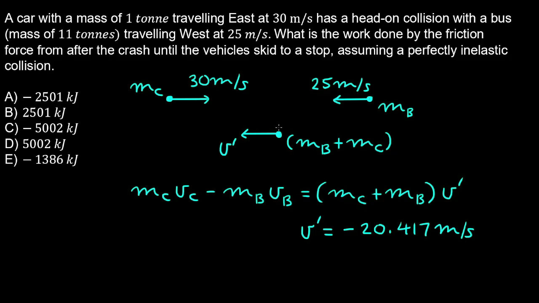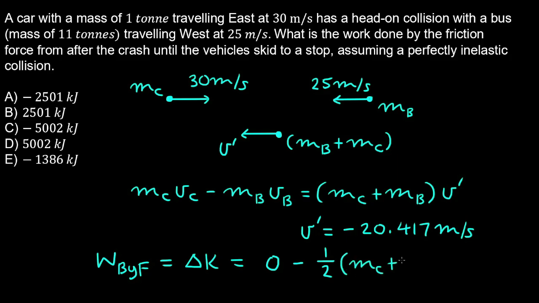And remember, the friction force acts in the opposite direction of motion, and we can find the work done by the friction force using the work kinetic energy theorem. So the final kinetic energy when the system comes to a stop is 0 minus the initial kinetic energy, which is 1/2 by the mass of the car plus the mass of the bus by the speed squared.